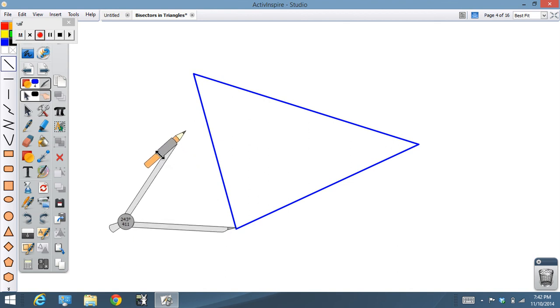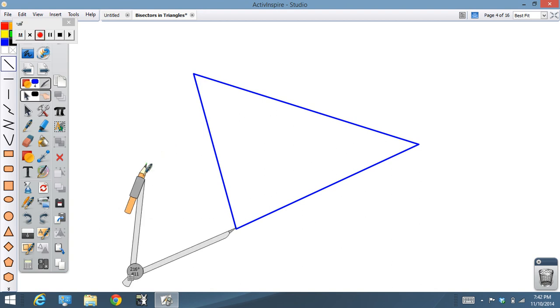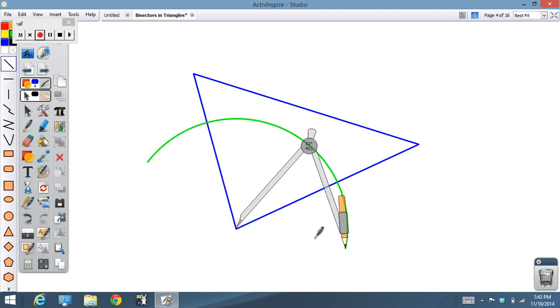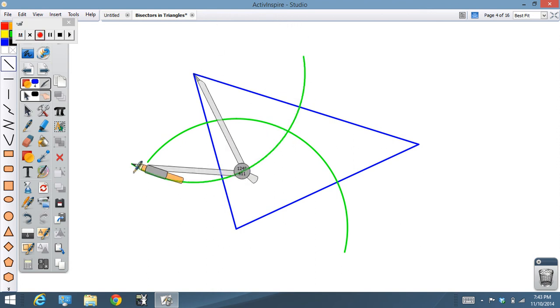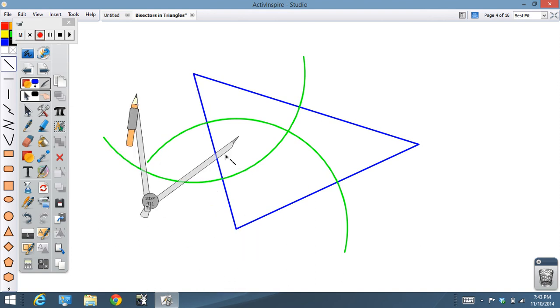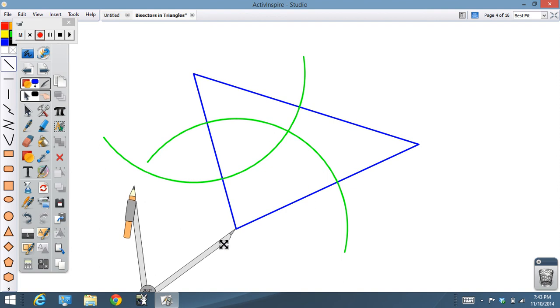So what I am about to do, as quick as possible again, is create arcs that will allow me to get my little crosses there. And hopefully this is going to work. Dang it. That one a little bit better. Okay, make sure I'm in my place, pretty close.